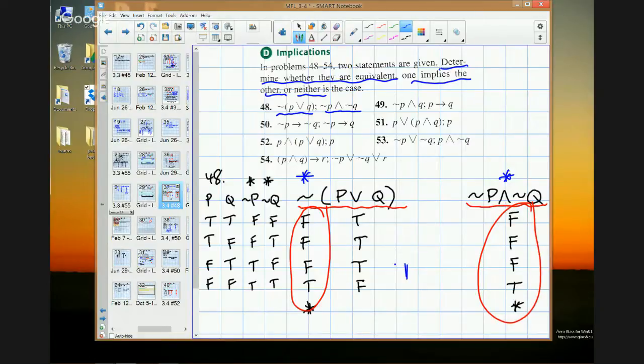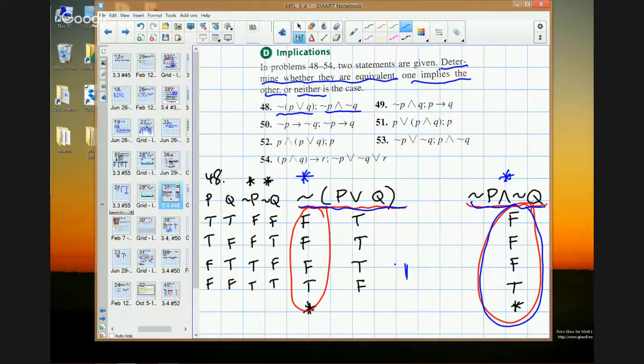Here's the first one. Look at number 48. Here's the first thing. Here's the second thing. But why don't you just look at the truth table right now? Here's the answer to the first statement, FFFT. Over here, here's the answer to the second side, FFFT.